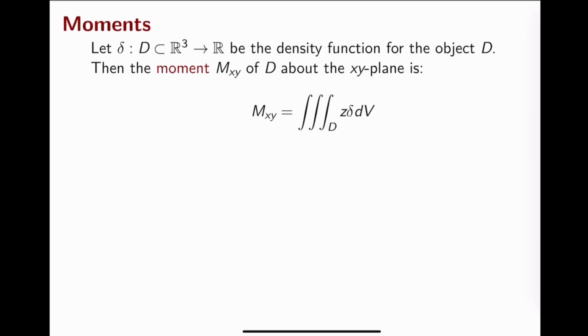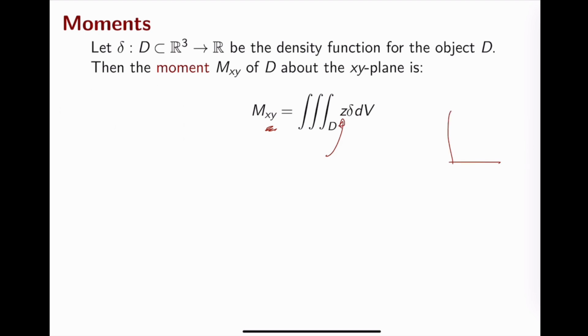We're going to define what are called the moments with respect to the axis. The object is going to have 3 moments, and these moments are going to be useful in order to calculate the center of mass of the object. So the definition of the moment xy is going to be the integral of the density multiplied by the other variable. So if we are talking about the plane determined by x and y, we are going to put z in the multiplication of the integral.